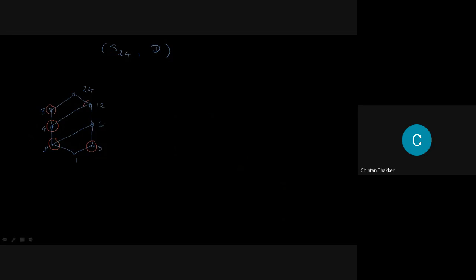But for 12 there are two lines coming from downside.